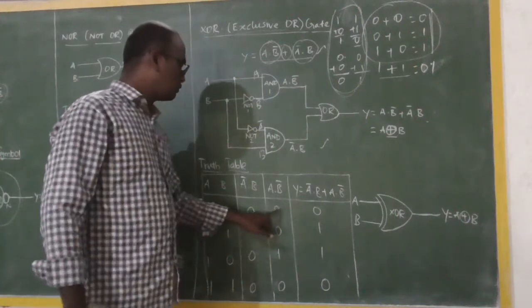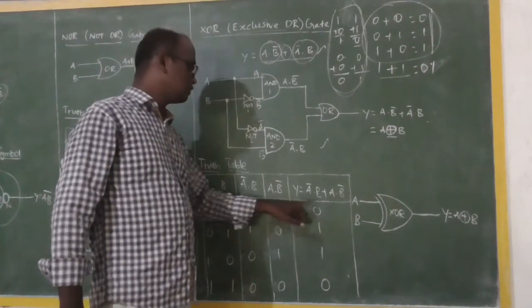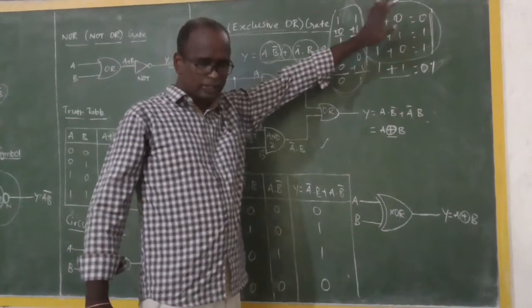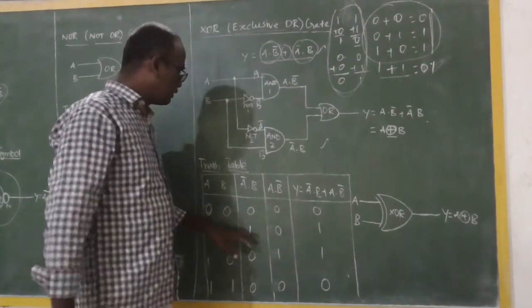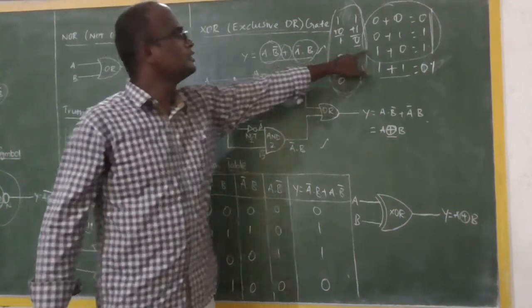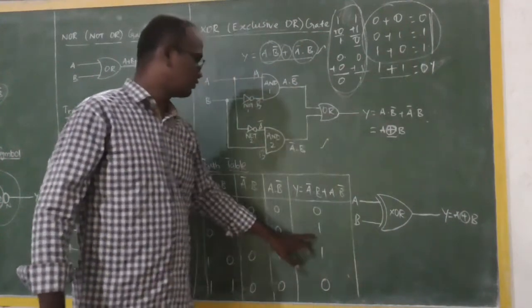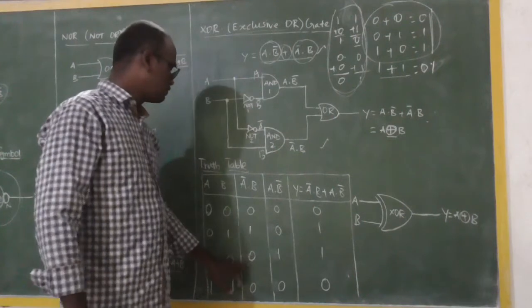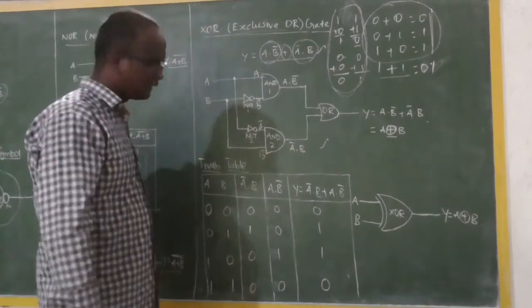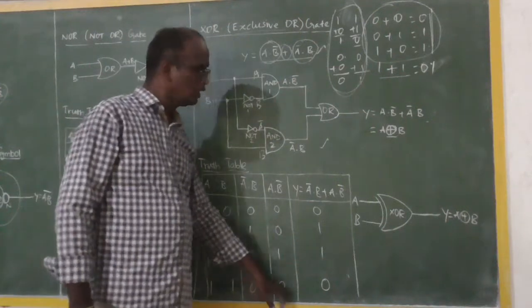So 0 plus 0, that means 0 or 0, is equal to 0. Okay, next 1 plus 0, it is 1, so we put 1. Next 0 plus 1, it is also 1 by the truth table of the OR gate. Next 0 plus 0, it is 0.